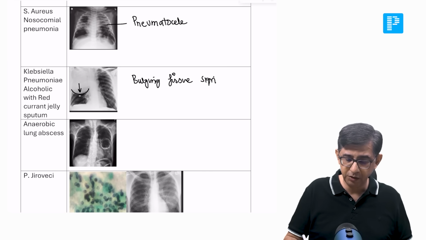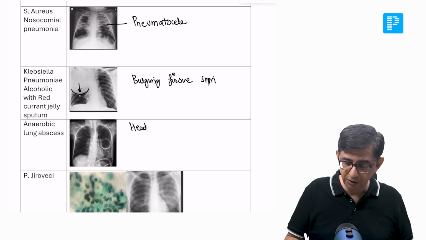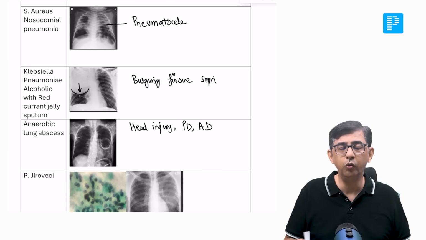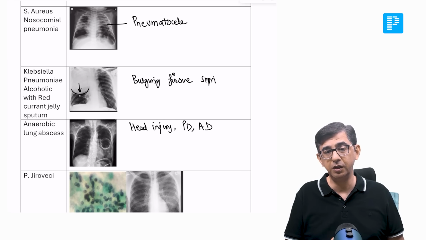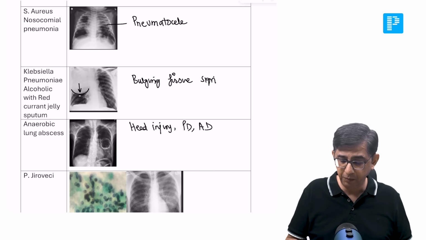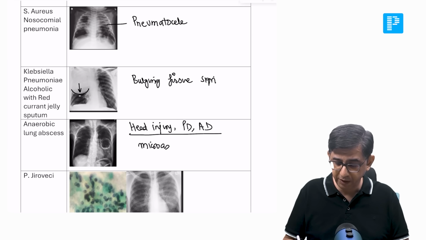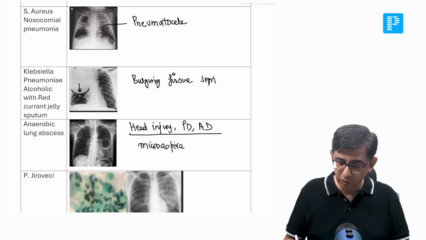Then if he mentions a head injury patient, or instead of head injury, he says Parkinson's disease patient, Alzheimer's disease patient, or any patient in whom the airway protective reflexes are lost, then there can be microaspiration of saliva, because the gag reflex and cough reflex are gone.